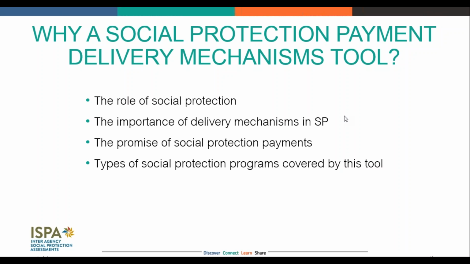That's not to say that with some adaptation the tool can't be used in other contexts, but that is the core from which we have derived the work and where we've pilot tested it, in Tanzania and in Indonesia. It does cover a wide range of programs, but typically cash transfers, unconditional transfers, also conditional cash transfers, and public works. So cash for work would be some of the typical types of programs.